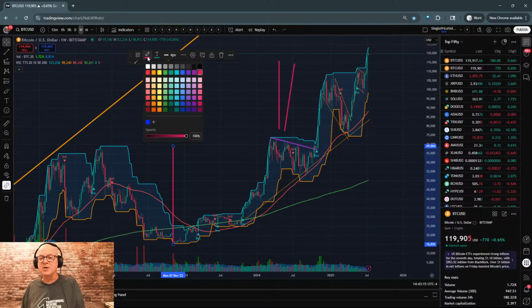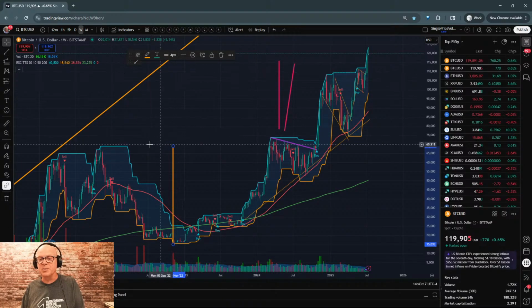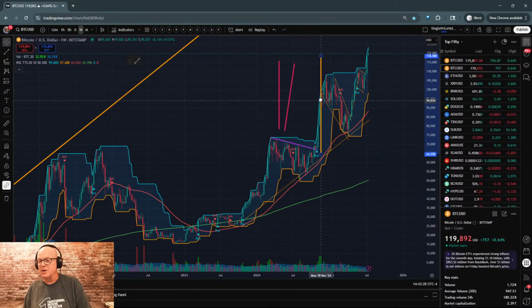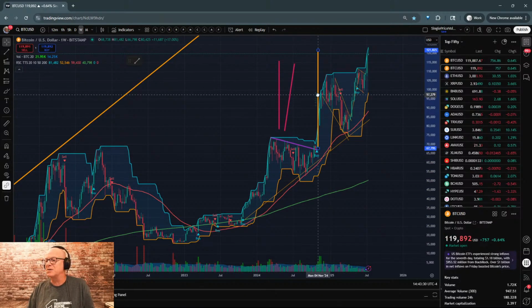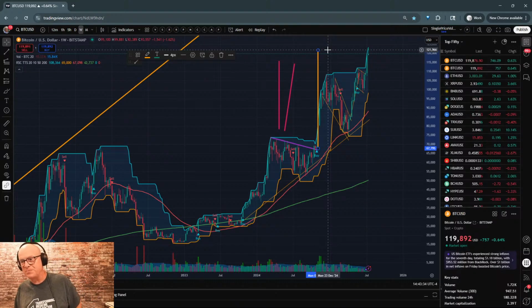If we take it from approximately the neckline down to the bottom of the rounded base, the cup, and then append that, we end up with about 122. So 122,000.